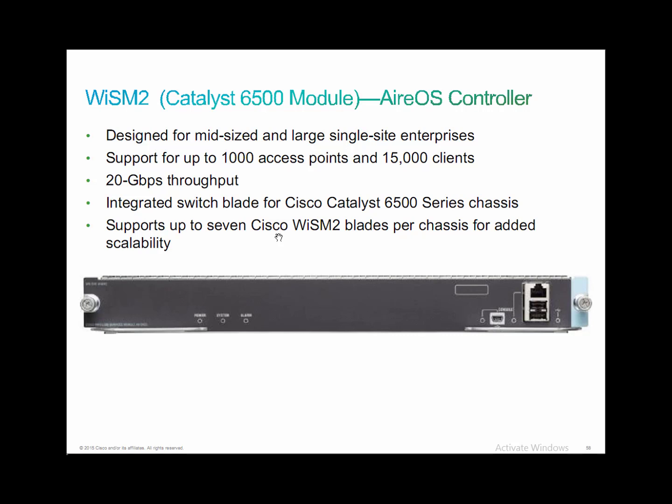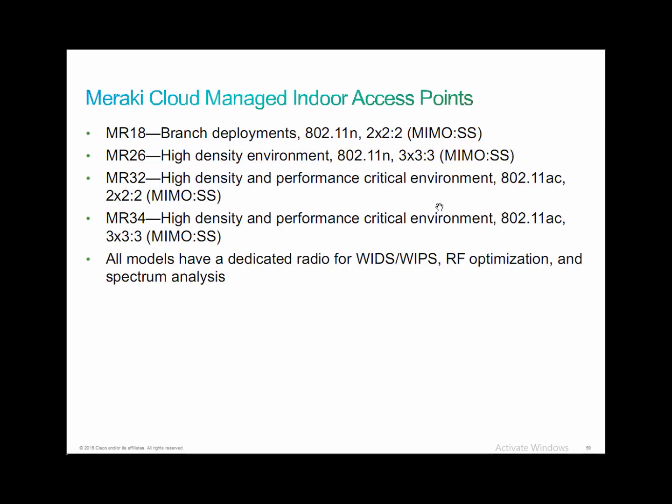We'll switch gears a little bit here and take a look at some of the cloud-based solutions, the Meraki solutions. The MR series APs are part of that cloud-based solution, so the MR32, MR34, those are going to be your AC compatible devices. They're going to deliver you the higher throughput with the different spatial streams and the different antennas. Pretty much all the same functionality that you would expect to get from any type of wireless access point, right?